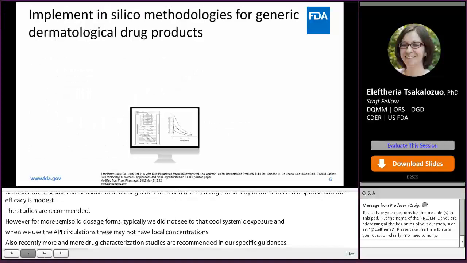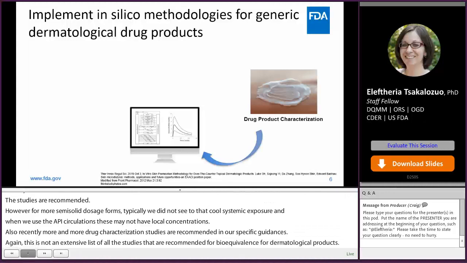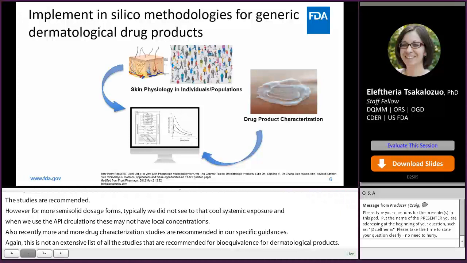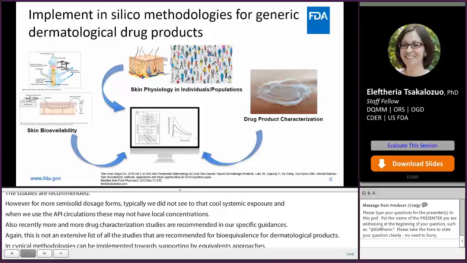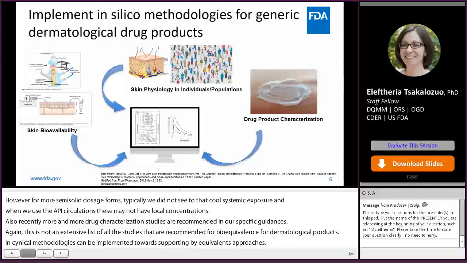In silico methodologies for generic dermatological drug products can be implemented towards supporting alternative bioequivalence approaches. These in silico methodologies require the integration of information on drug product characterization studies, skin physiology in individuals and populations, as well as information on skin bioavailability.